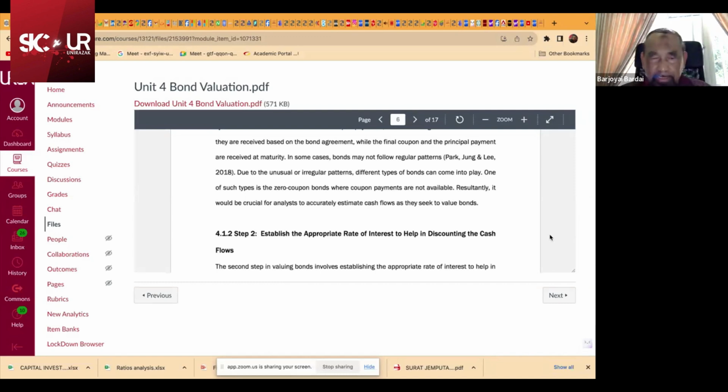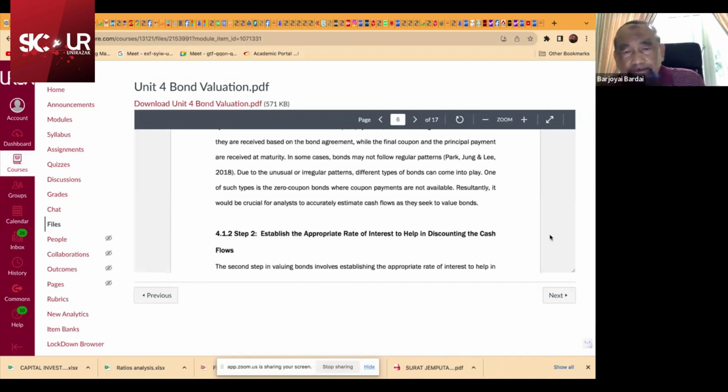There are bonds which do not have coupon payments. That means there is no annual interest payment to the holder, and it is crucial for analysts to accurately estimate the cash flow when they seek to value the bond.